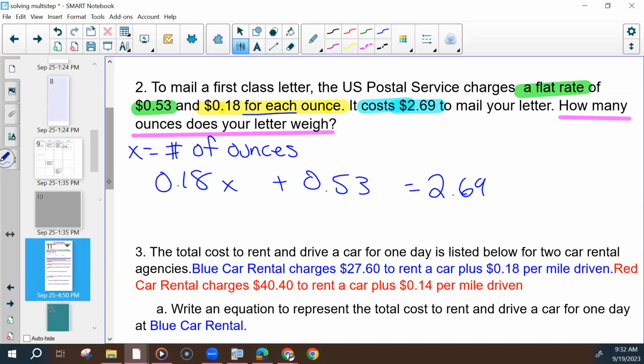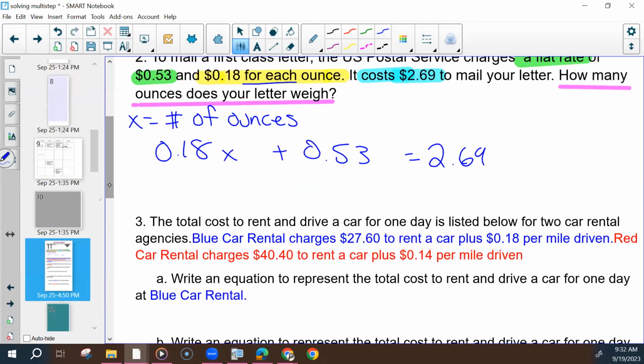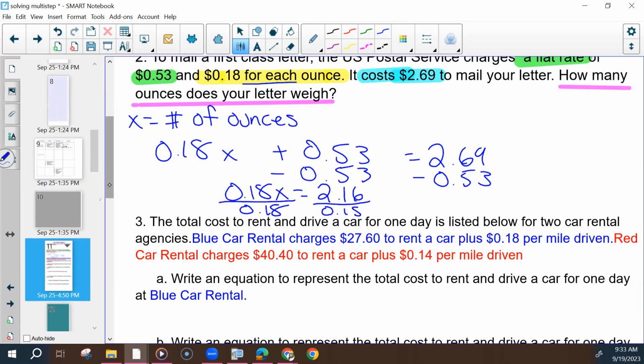How would we start doing? And then divide. What was it? 12.